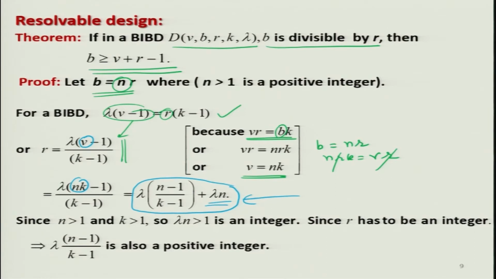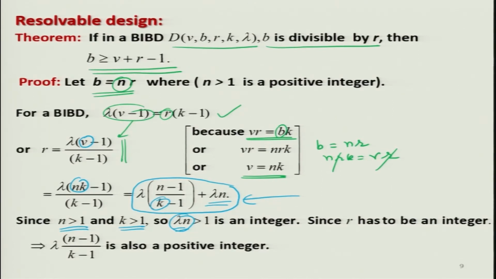You can see that N is going to be greater than 1, K is also going to be greater than 1, and lambda and N are both integers. So lambda into N is also going to be greater than 1, right, and that is an integer.